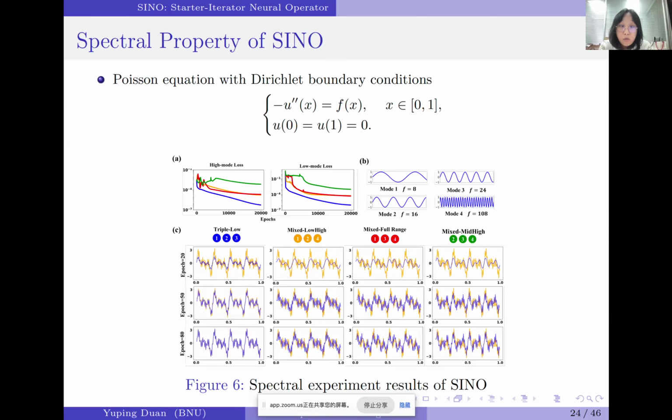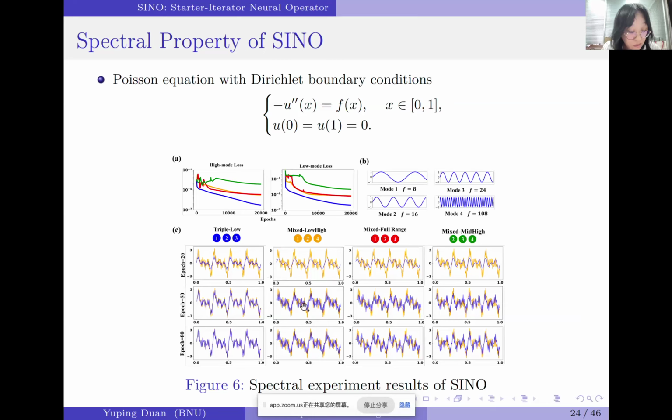The previous theorem described the spectral behavior of the iterative solvers. Here, we study the spectral bias of the network itself using a one-dimensional Poisson equation. Here we use different initializations.